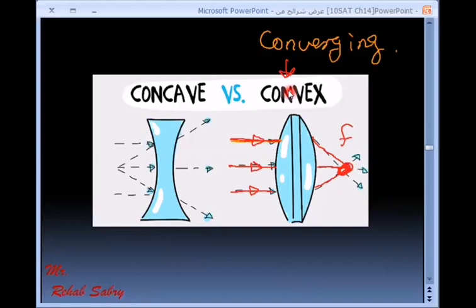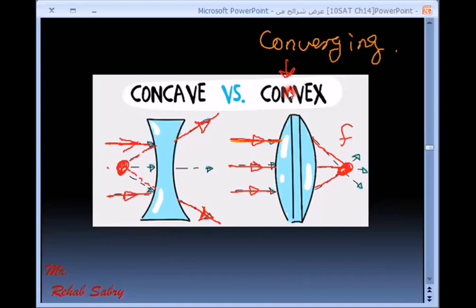But here, if the rays are incident parallel to each other and parallel to the principal axis, they will diverge. What about the focus here? The focus will be along the extensions of these divergent rays.